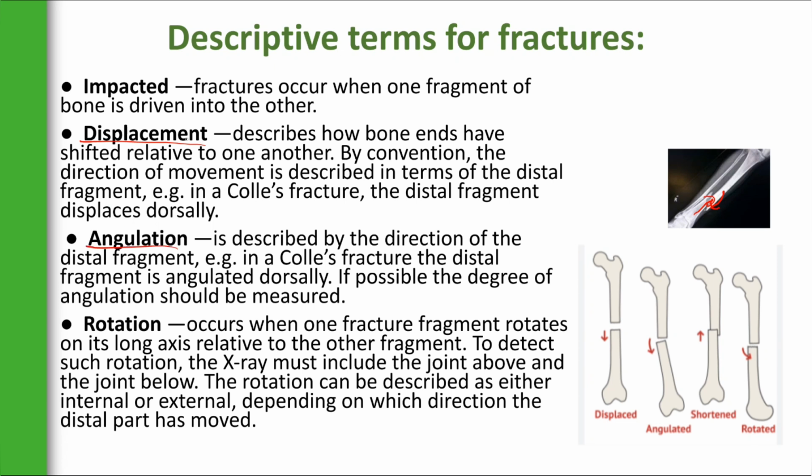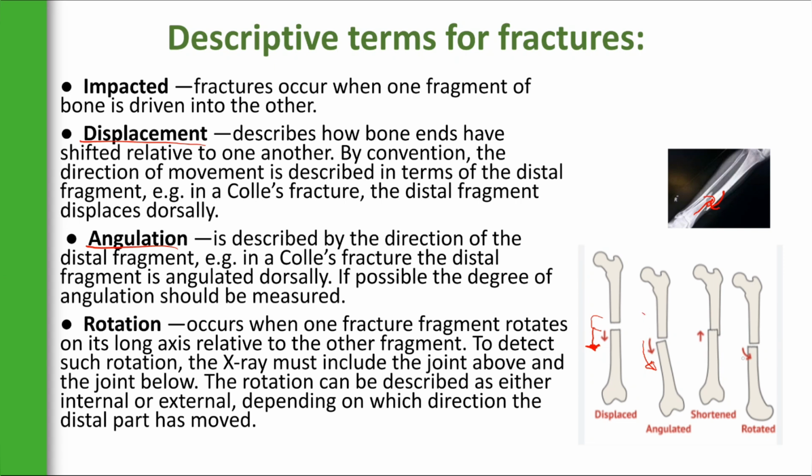The displacement describes how bone ends have shifted relative to one another. For example, how much the distal part is displaced from the other part is called displacement. Angulation is how much the distal part is angulated relative to the other part.